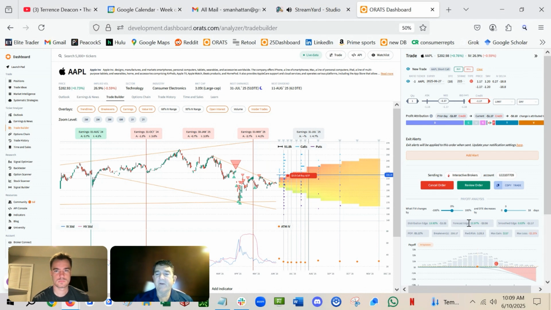So when you're selling, there's a large forecast edge there. You're selling at $1.17, and we only have it worth, on our forecast, 90 cents. So that's definitely one thing you want to think about when you're trading.